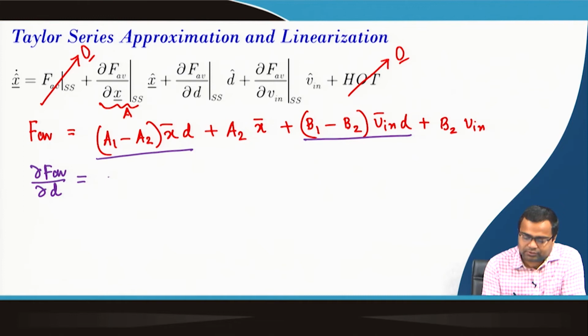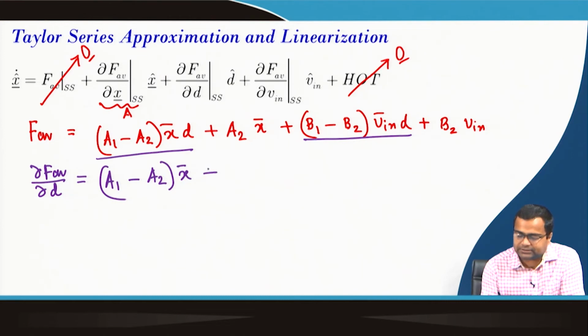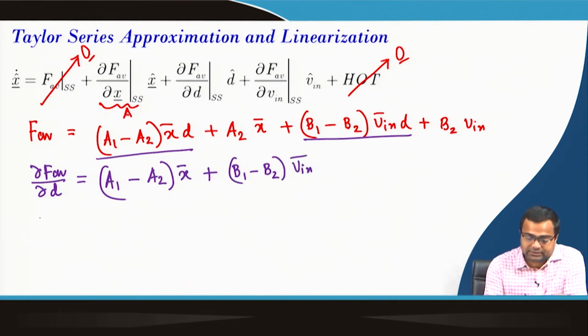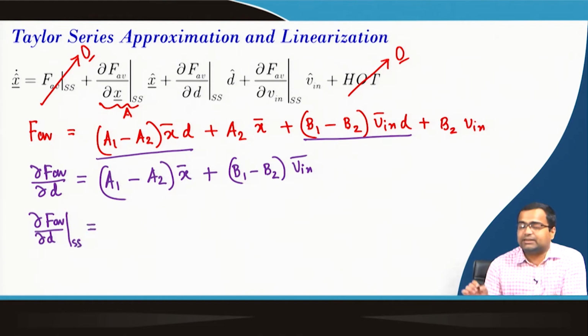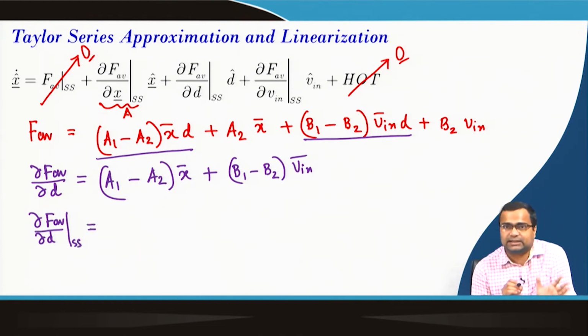So, we will find (A1 − A2) x̄ + (B1 − B2) V̄in bar. That means, if we take the steady state value of d under steady state, the states and the input voltage will be replaced by their steady state quantity.